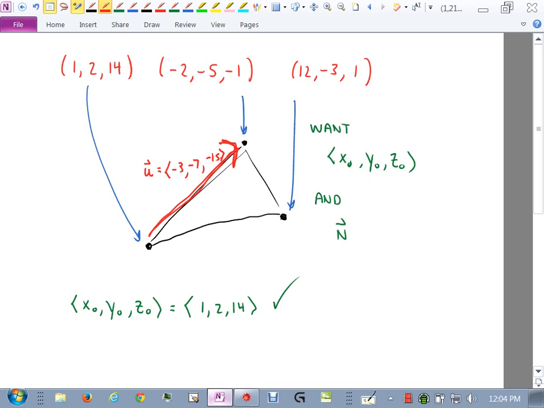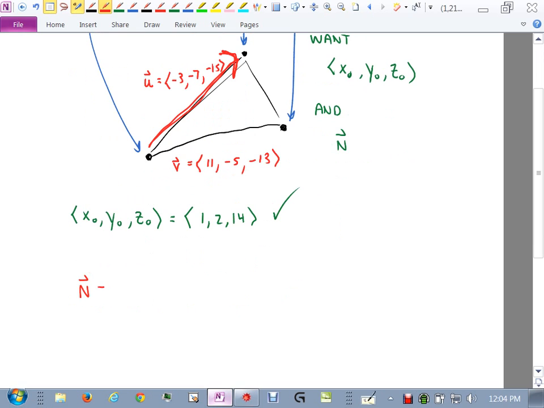All agree? The vector from that point to that point. How about V down here? What's this vector? 11, -5, -13. Yes? Then what's N?